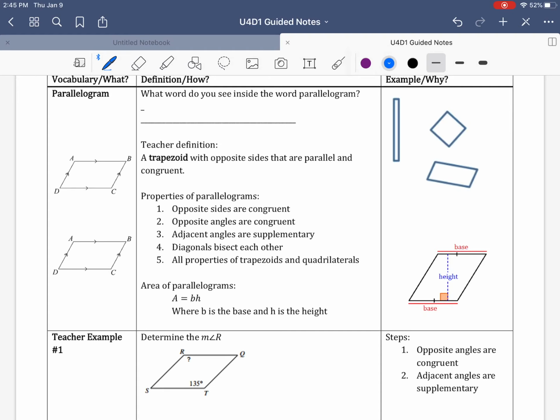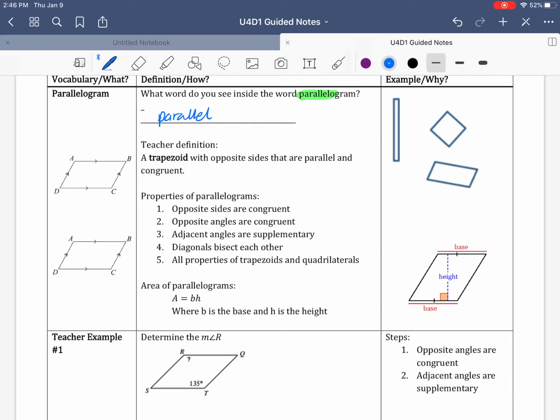So, the first shape we're going to be working with today is a parallelogram. And in the word parallelogram, hopefully you see another word that we've talked about before, right there, parallel. So the definition that we're going to be working with for a parallelogram is a trapezoid with opposite sides that are parallel and congruent.